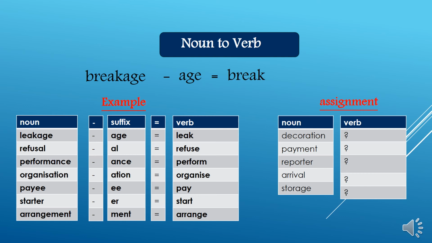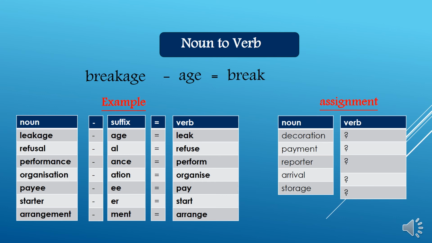Organization was a noun, ation is omitted, organize, then organize is a verb. Payee, from payee we just remove double e, so only pay is left, and that left word is a verb. So payee is a noun and pay is a verb.